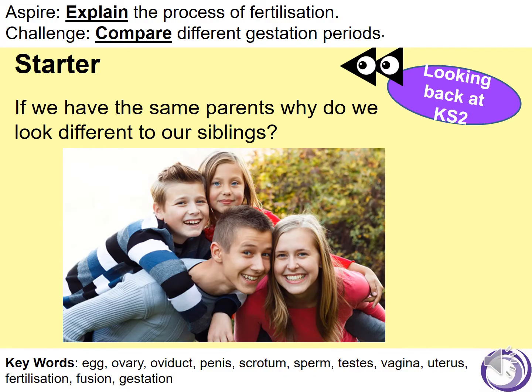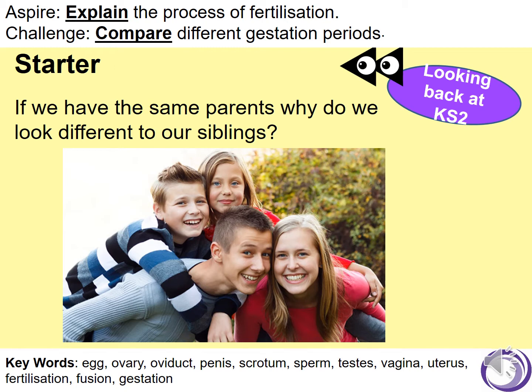So let's start off our journey today by looking backwards for a second and just doing a bit of revision. The photograph in front of you is asking a question about why it is that we can look very similar to our parents. If we had time to look at the photograph for a long period of time, we could talk about eye colour, and we could talk about hair type, colour of hair, curly or not curly, for example.